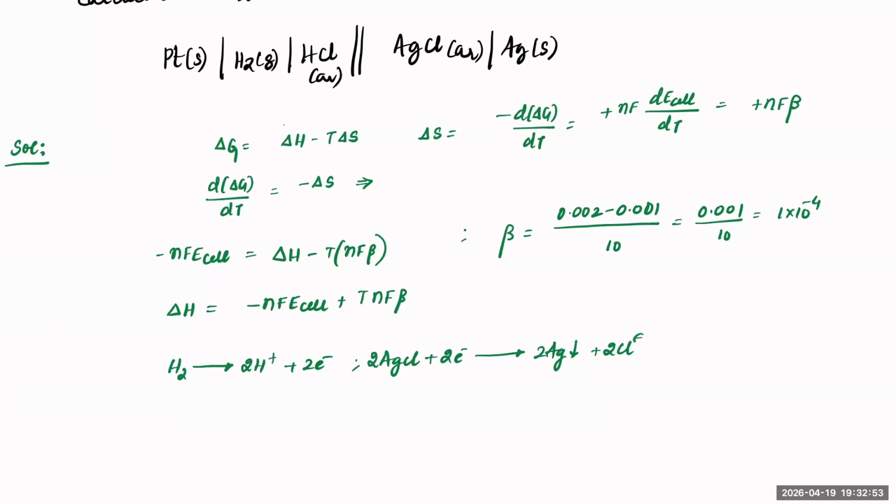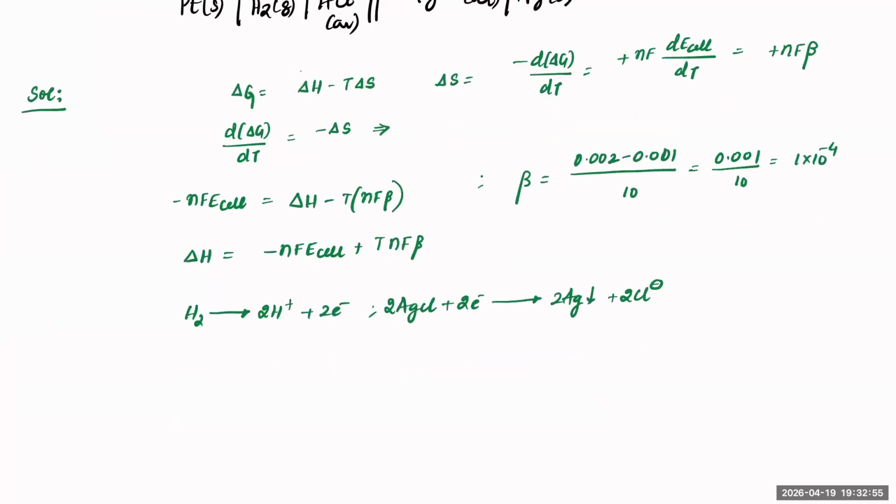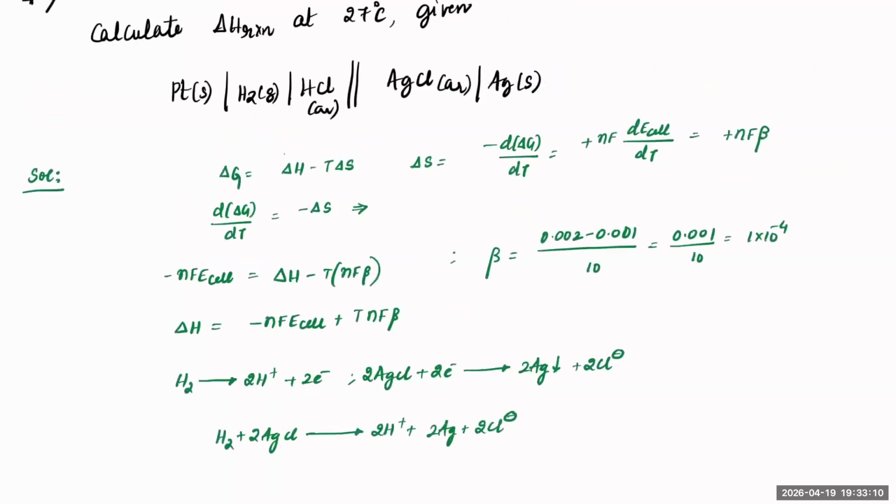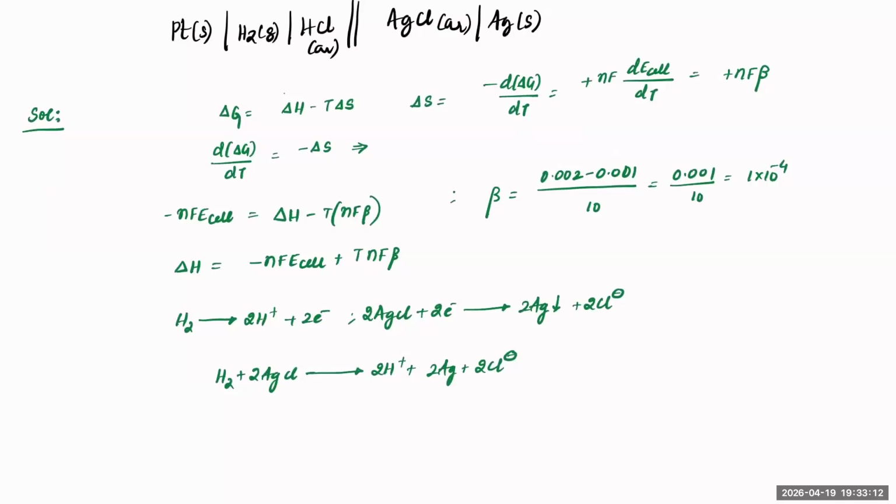So then I can write the overall equation as H2 plus 2AgCl giving 2H plus 2Ag plus 2Cl minus. So this will be the overall equation. Through this equation, we can say that n value is 2. I need to just substitute that n value in the equation to figure out delta H.